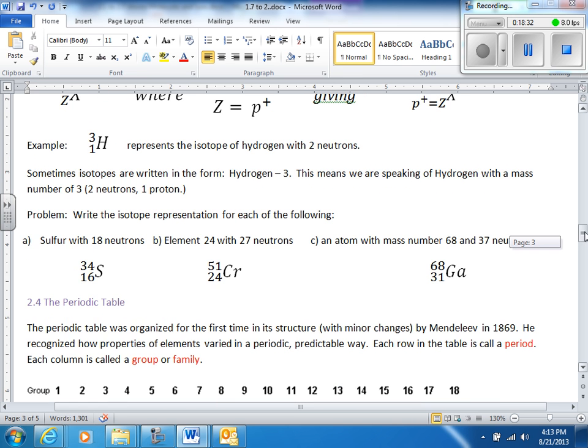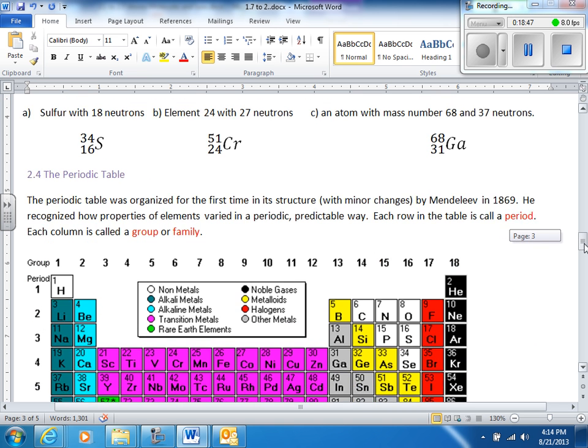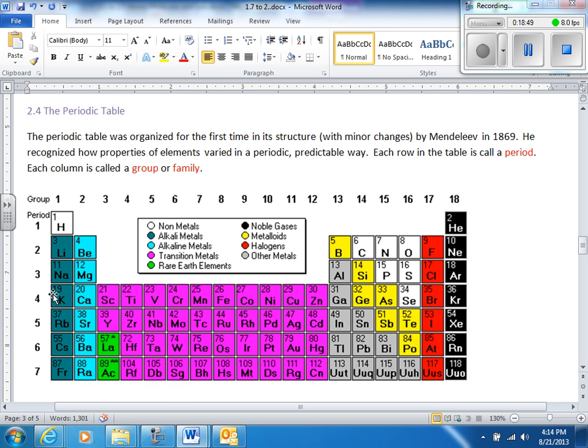Moving on, you should now be able to figure out how to write these, given this information, and you should be able to do this backwards. If I ask for neutrons, when I've given you this, you should be able to figure out that there are 37 neutrons.